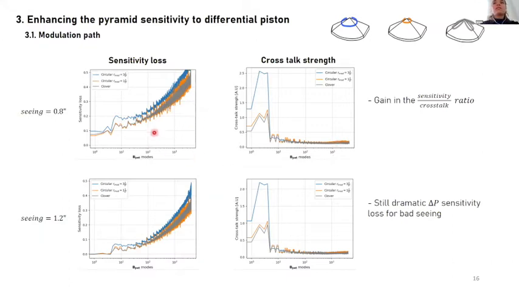And we see that we lose a bit in sensitivity with the clover and the small circular radius. But again, we really reduce the crosstalk between the modal residuals. However, the petal sensing is still lost.